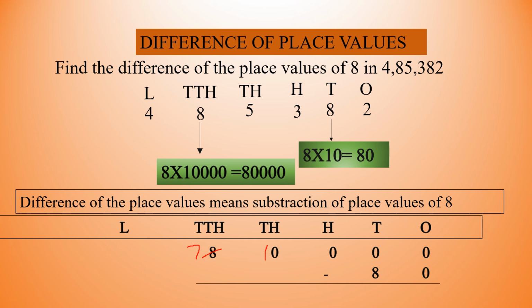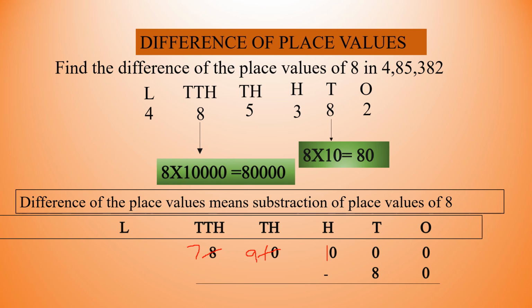Again, this 10 in 1,000 place gives 1 to 100. So it will become 10 and 10 in 1,000 place will become 9.